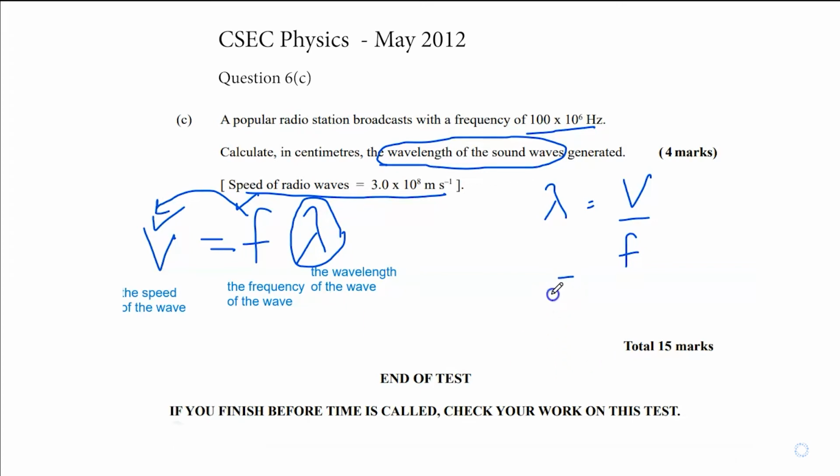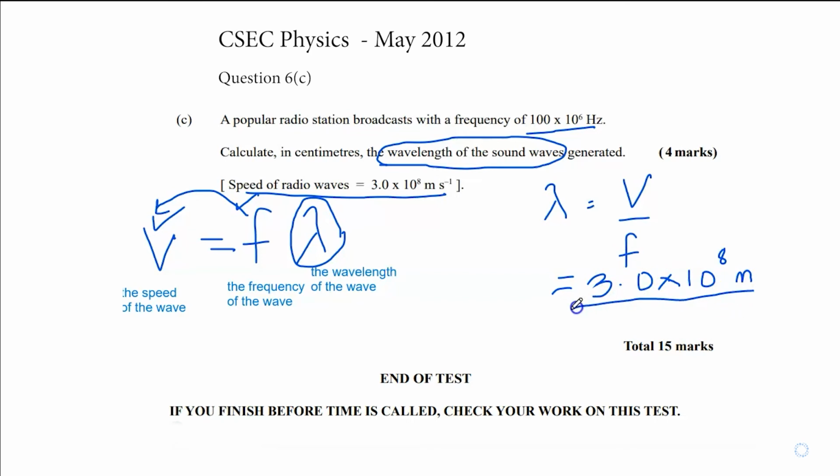So the speed of the radio waves, 3.0 multiplied by 10 to the power of 8 meters per second. I'm now dividing this by the frequency.